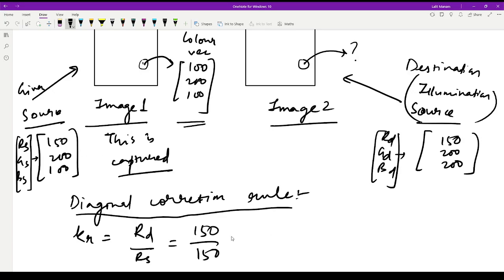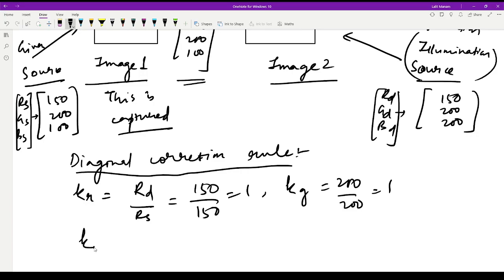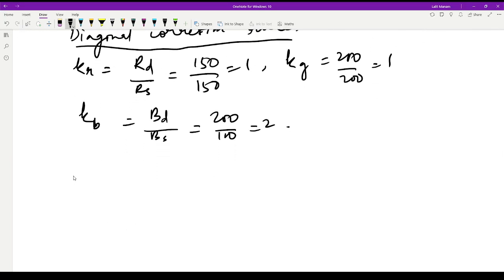KR is RD by RS, KG is again one, KB is BD by BS, which is 2. So once we get these gain values, what do we do?